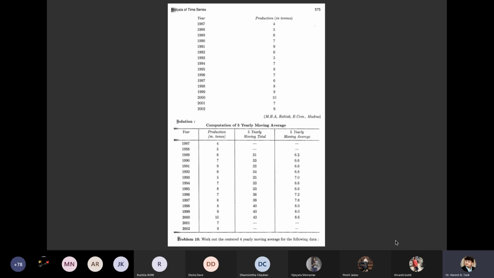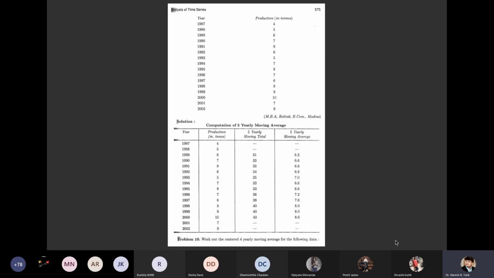Since our interest is to get a 5-yearly moving total, and then the 5-yearly moving average, in the 5-yearly moving total, make a bunch of 5: 1987, 88, 89, 90, and 91.